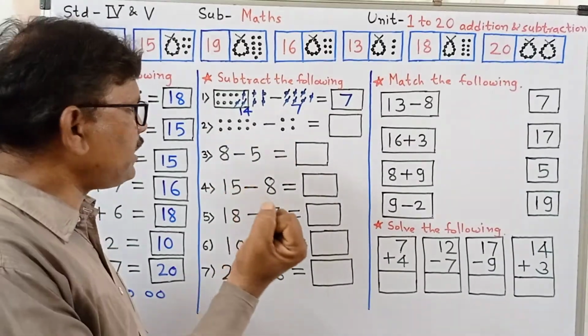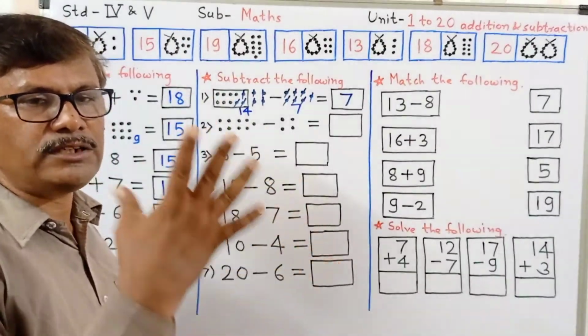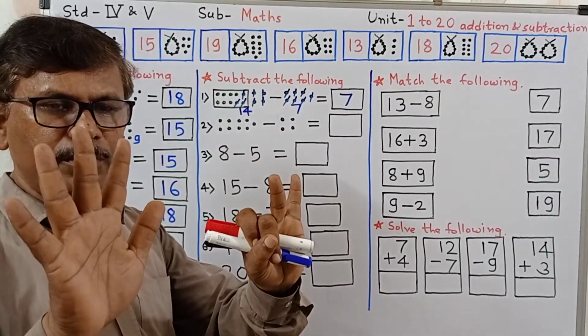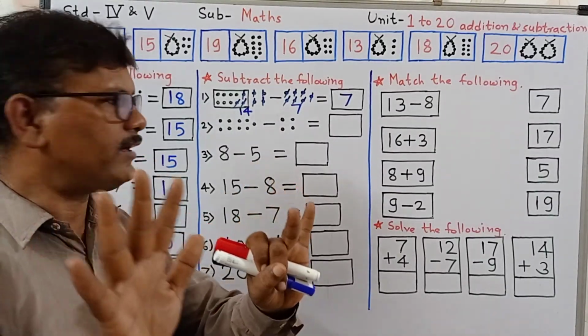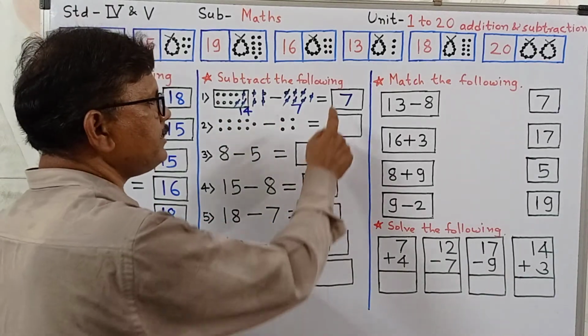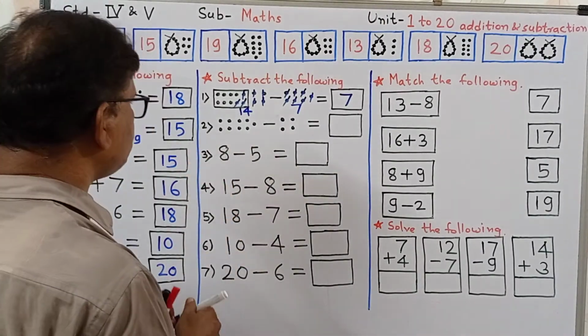Subtraction's other method is to count after 7 up to 14: 8, 9, 10, 11, 12, 13, 14. How many fingers? 7. Means the subtraction of 14 minus 7 is equal to 7. Okay. Now listen.